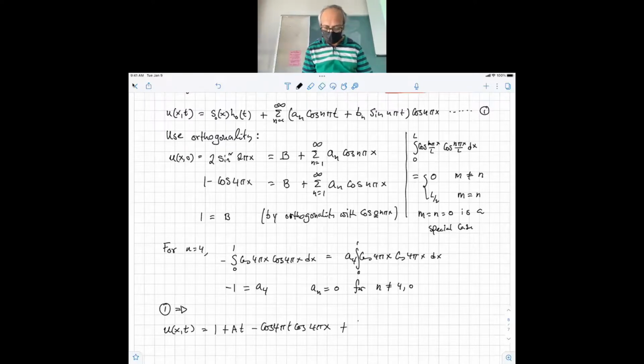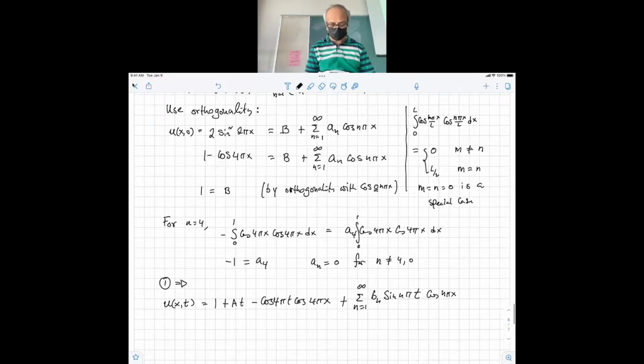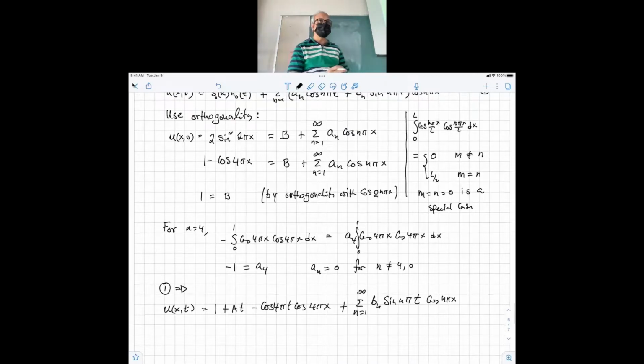And then I can write the other part, n from 1 to infinity b_n sine n pi t cos n pi x. So all I have done is I have found the coefficient a_n. A_4 is minus 1, A_0 is 1, and every other value is 0.